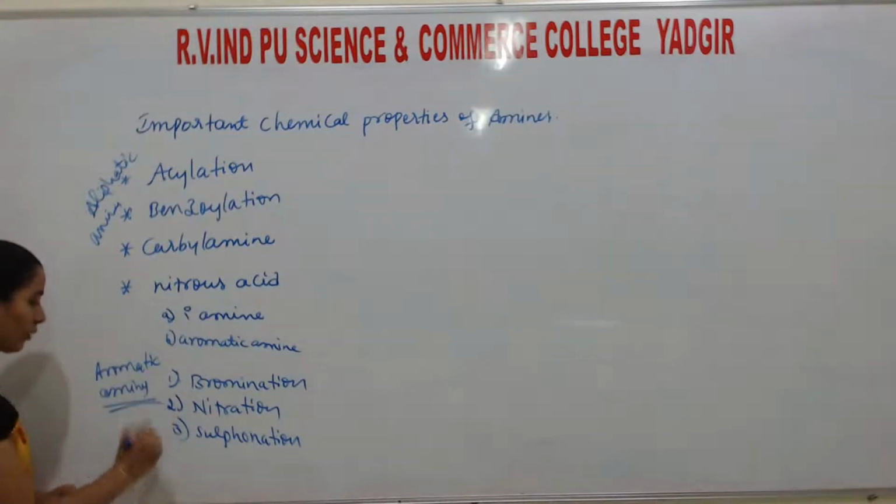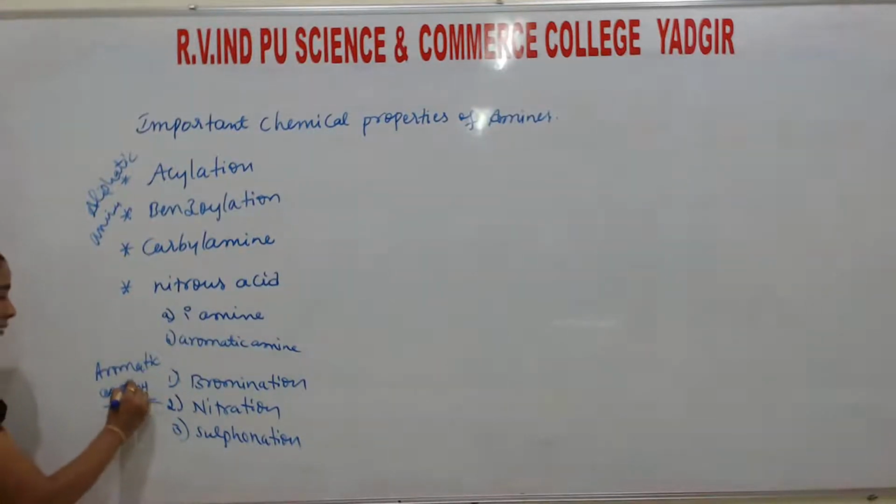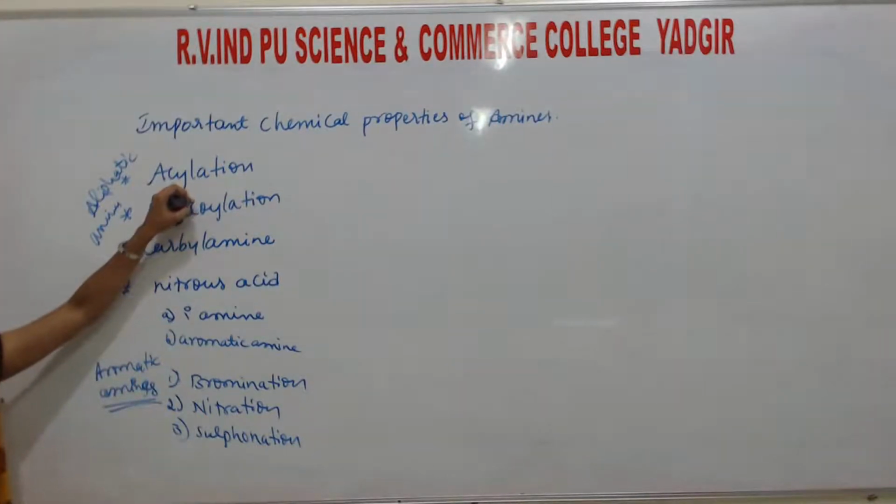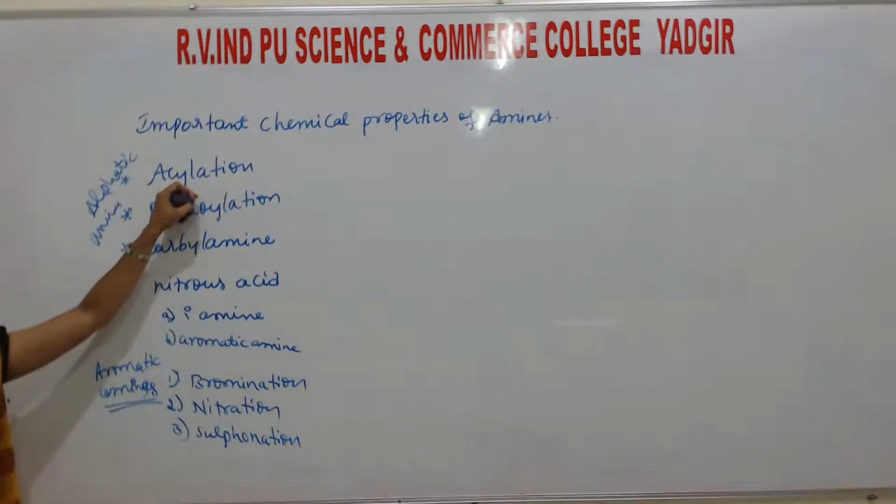This is for aromatic amines. Students, we will discuss one by one now, starting with acylation of the compound.